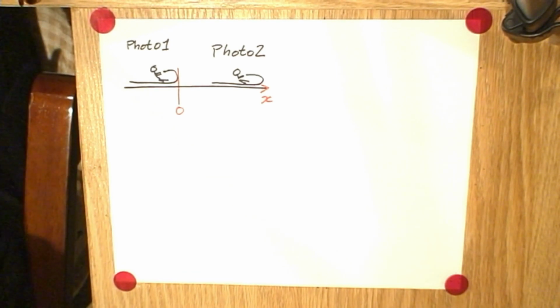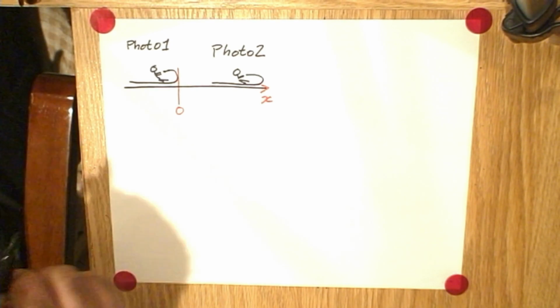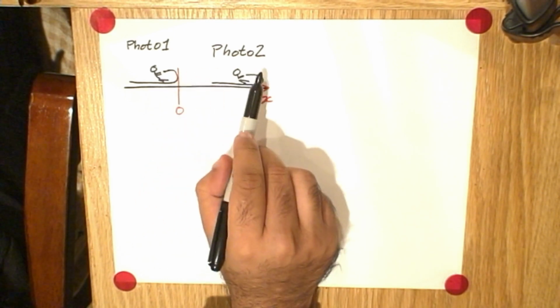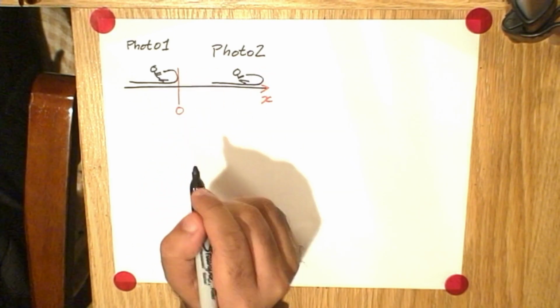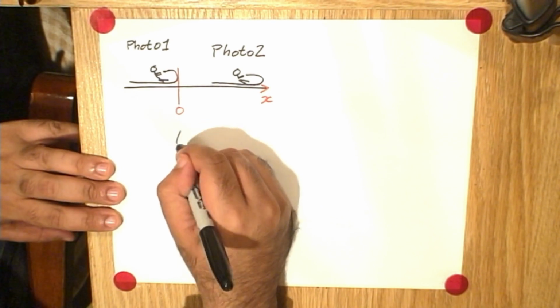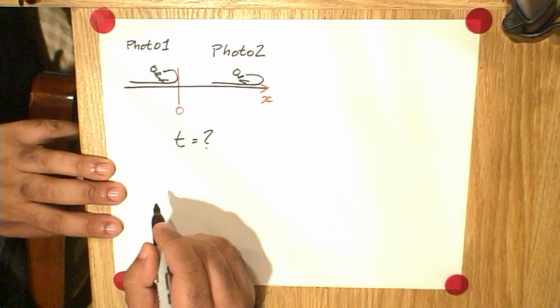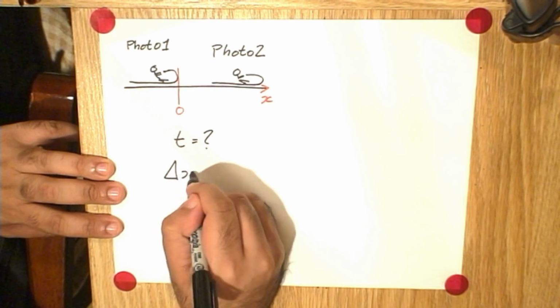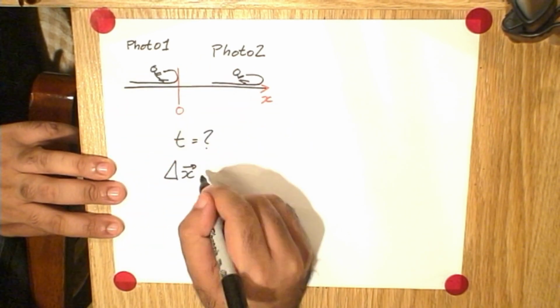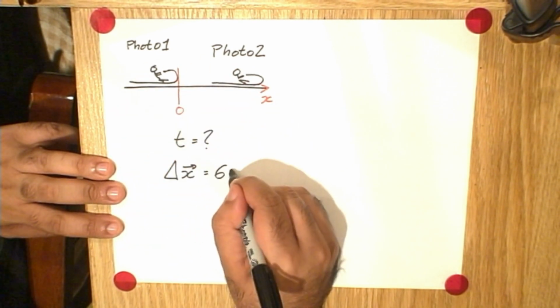We were asked for how long it would take for the child to travel a distance of 6 meters. So the thing we're being asked for, the unknown in this circumstance, is the time. But the displacement that occurs between the two photographs is 6 I hat meters.